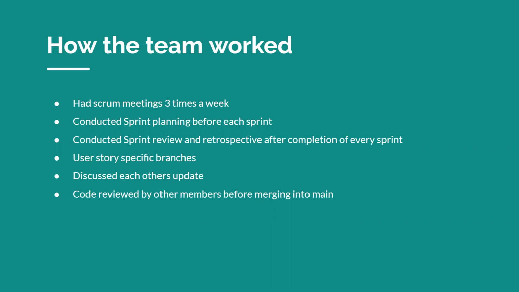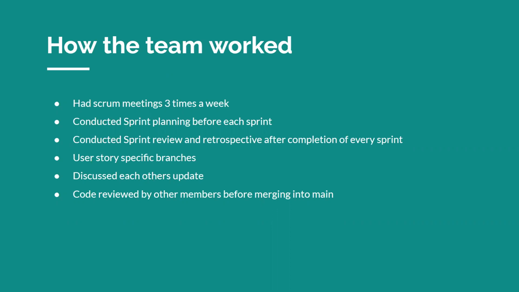Having these retrospectives really helped us over the past three sprints because our issues and errors were not repetitive, and once we faced an issue, we made sure we never faced it again. So I would say that sprint review and retrospective really helped us. We also created user stories with specific branches.